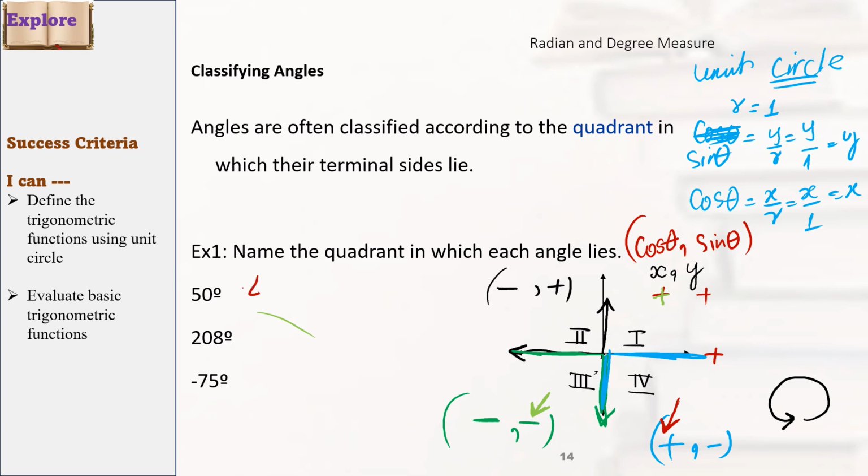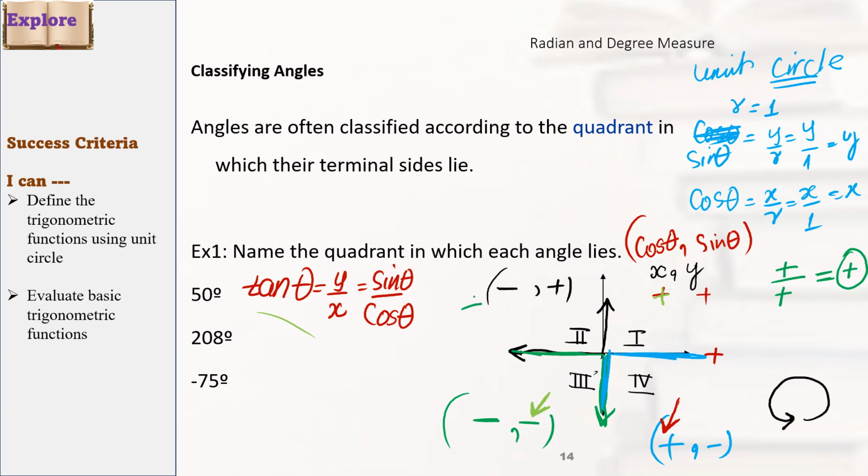Now what would happen about the tangent? We know that tangent is y over x. Y refers to sine theta and x refers to cos theta in the unit circle. So tangent theta is sine over cosine, right? If plus divided by plus, it gives me plus. So in the first quadrant, tangent theta is positive. Now what is happening in the second quadrant?